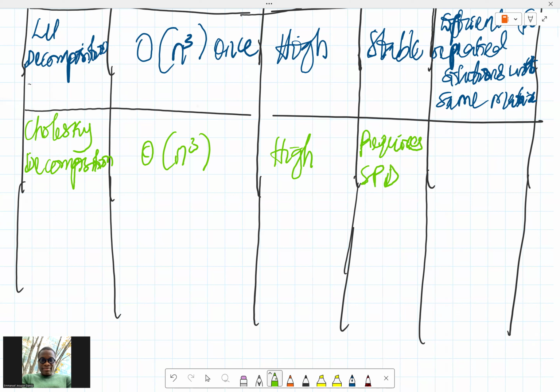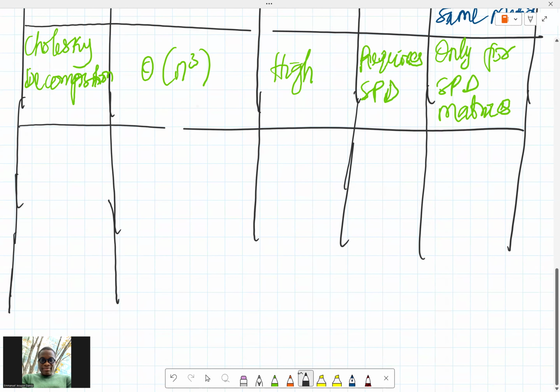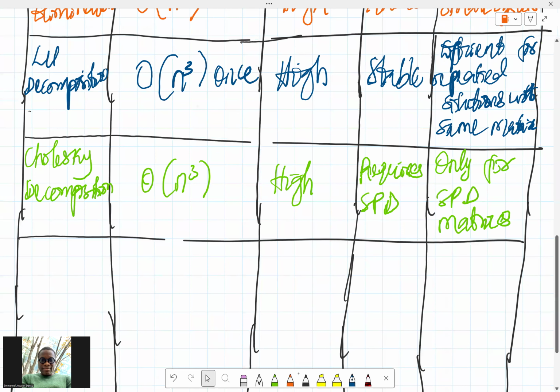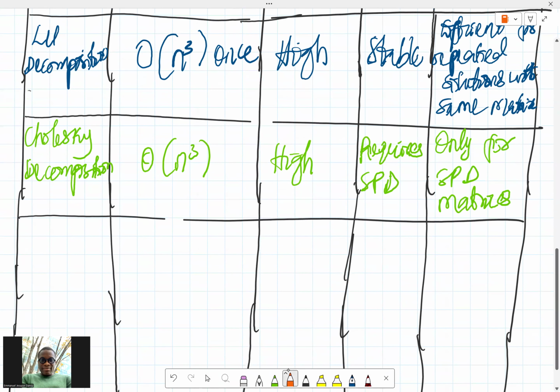If not, you can't guarantee its stability. You remember when we did that example, we talked about that. So it's only suitable for symmetric and positive definite matrices. You have to first make sure that your matrix is symmetric, meaning that the original matrix is the same as its transpose. That is the idea of symmetry.